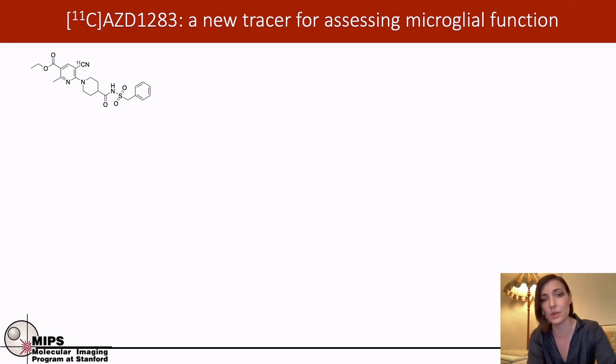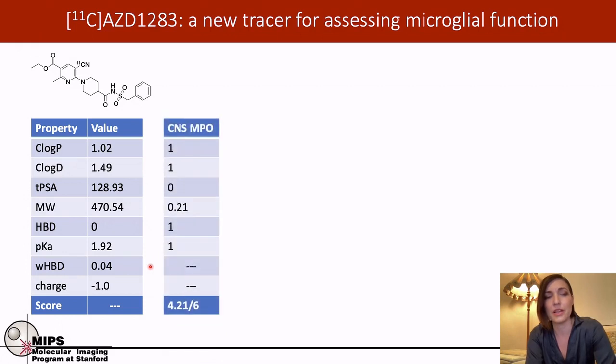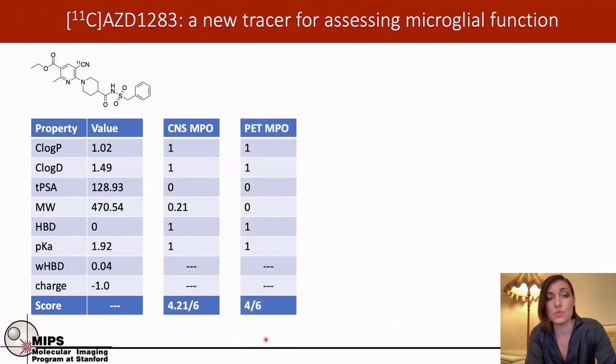We picked this one out because we were looking at the properties of all the available molecules that hadn't been labeled yet, and we thought this one looks reasonable. And when we checked via the CNS MPO, so that first tool I was telling you about, it got a good score. Actually, anything over 3 predicts that the molecule should cross. And we used the PET MPO. Again, anything over 3 is a good score. So we're getting 4.